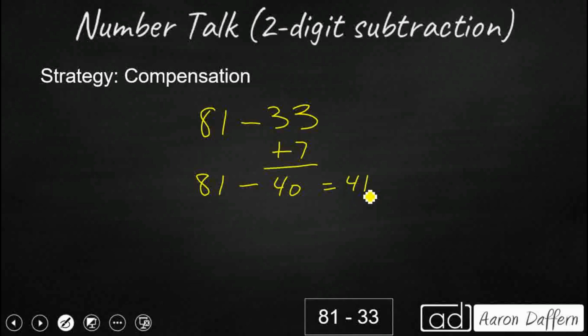But remember, I added 7, so that means I took away 7 more than I really needed to. So I took away an extra 7. I've got to give that 7 back, so you end up adding 7 back in. You do 2 adds, and you get back up to your difference of 48.